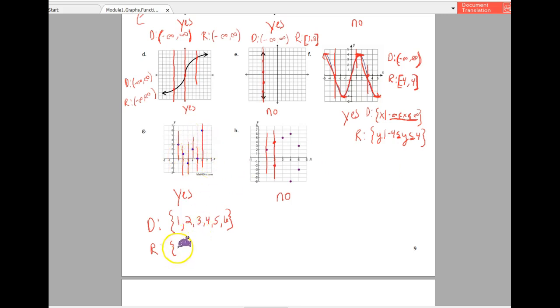So I'm going to list all those in my range. So again, just entering all the x values of the components of these ordered pairs and all the y values, and only those. It's not an interval. It's not between these values. It's only these specific points that are in my domain and range.